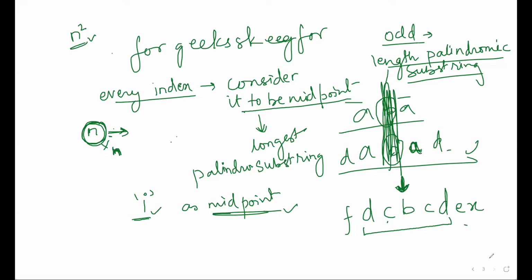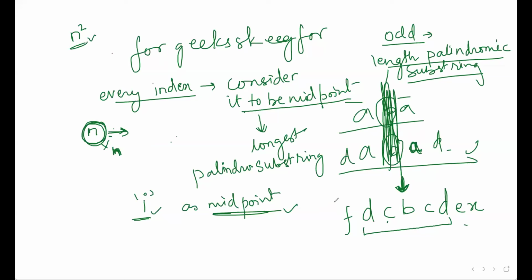This is part one, when we want to find the longest odd length palindromic substring I can have. The goal is very simple. I'll take this string only: F D C B C D E X. First, my index I is 0. I'm considering this index to be the midpoint of my palindrome.